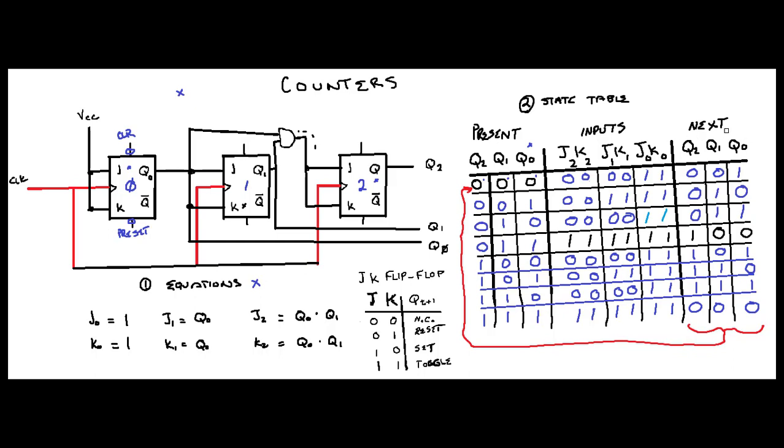Okay, now listen, depending on different state tables, they may move these columns around, but they're going to keep the next columns together, they'll keep the present columns together, and they'll keep the inputs together. Okay, but you get the idea of what's going on here. So this is important. Make sure you know how to do this, because what this means now is if you're given a circuit, you can analyze it and determine how it's going to count. Okay?